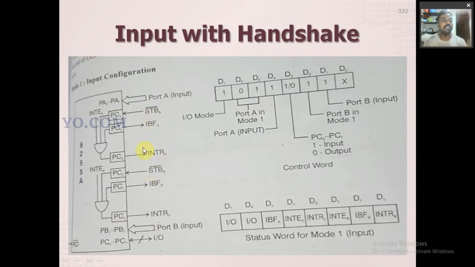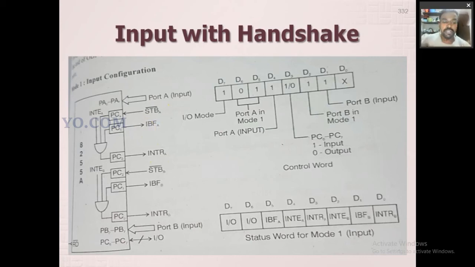These are the handshaking signals. STB is an input, IBF is an output, INTR is an output. STB means strobed input, IBF means input buffer full, INTR means interrupt request. These are the handshaking signals used with input configuration in group A.